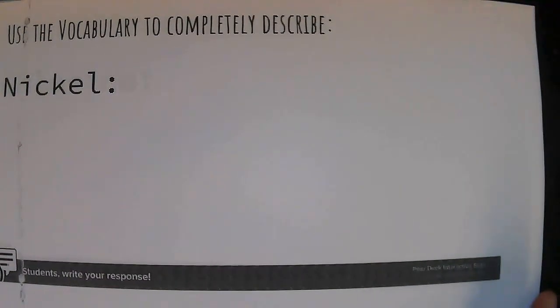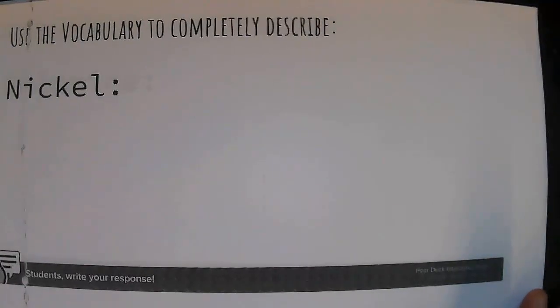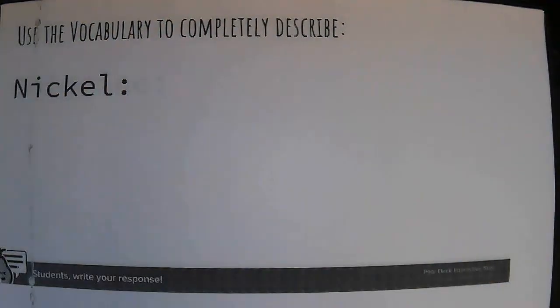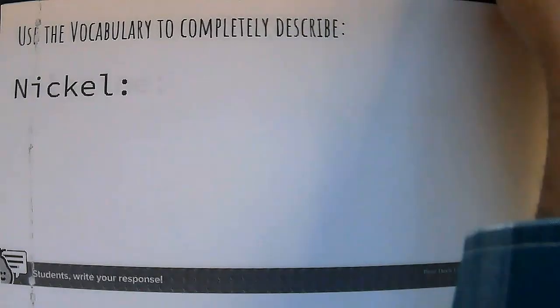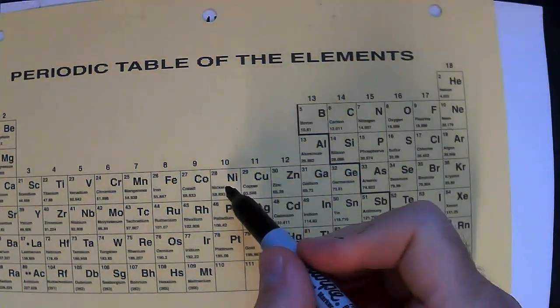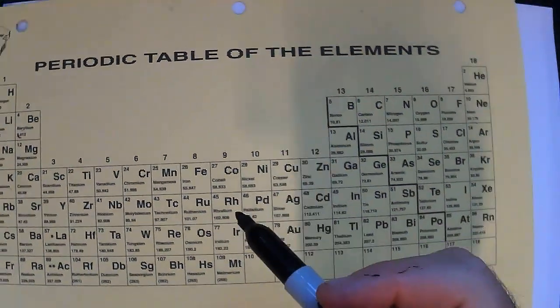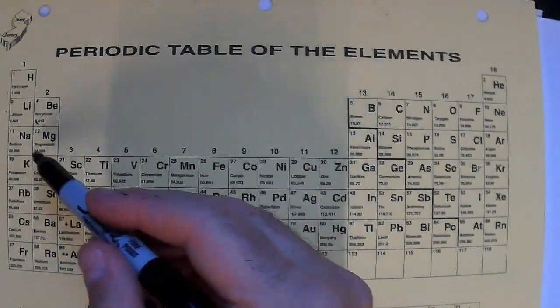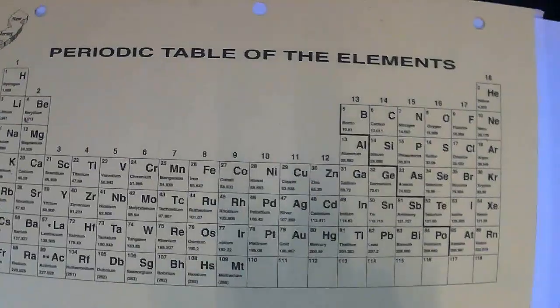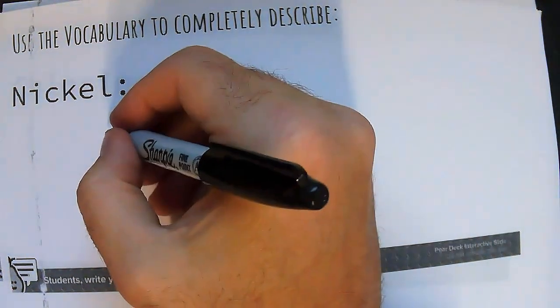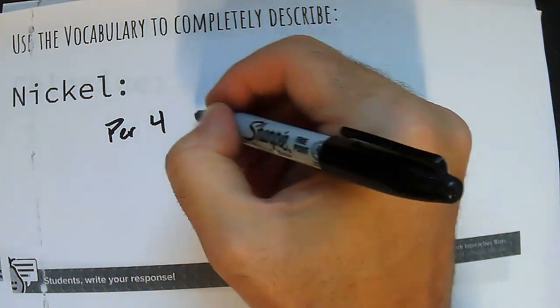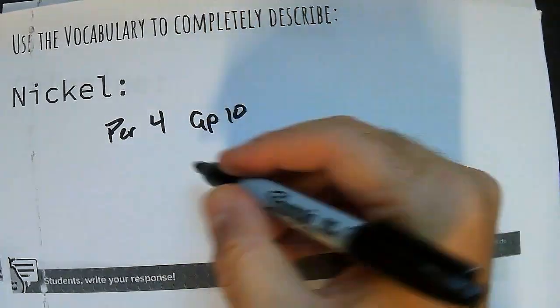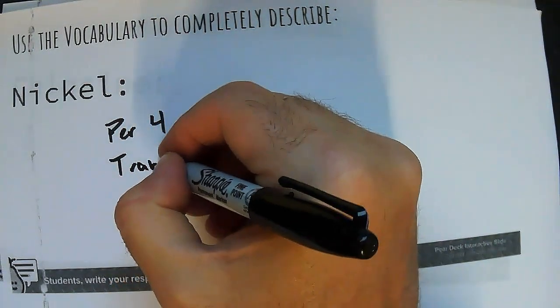Okay, so what we're going to do is use all this new vocabulary to completely describe nickel. Okay, so nickel is here. So that's going to be in, look, group 10, but it's 1, 2, 3, 4. So period 4, group 10. It's a transition metal.